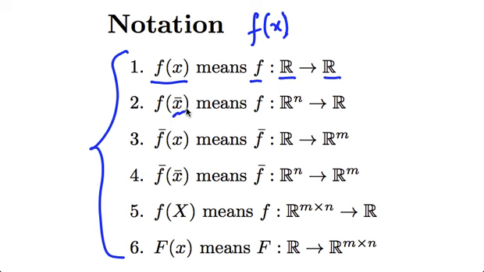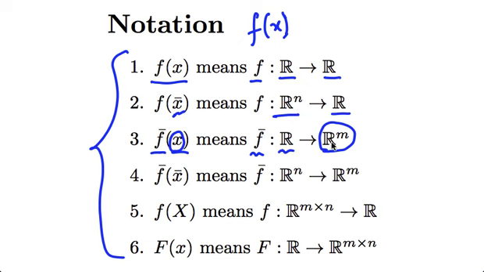One of those things it means is that x is actually a vector which I'm going to represent by x bar, and f is a function that takes a vector and gives out a real number. So it takes an n-dimensional vector, gives out a real number. When I use f bar of x, what I mean is that f bar has a vector valued output, and it takes in a scalar variable input.